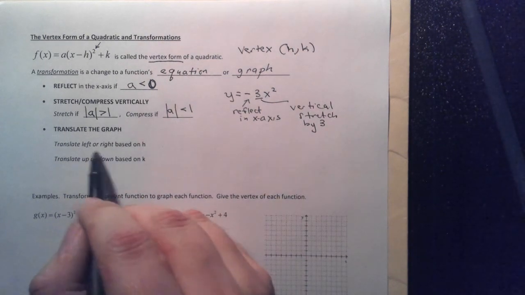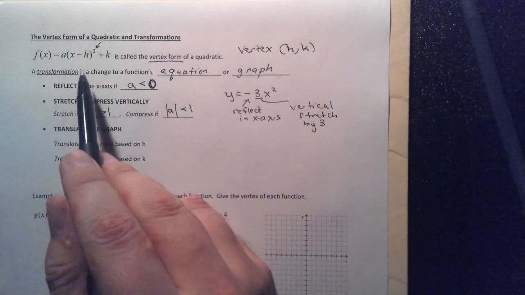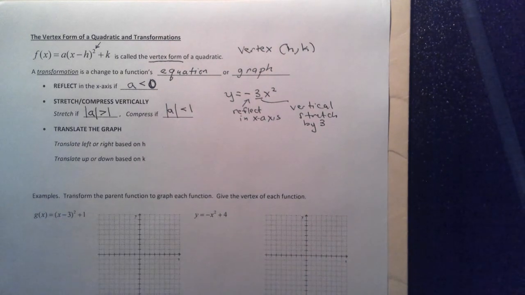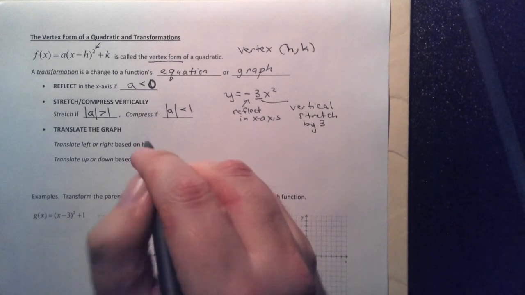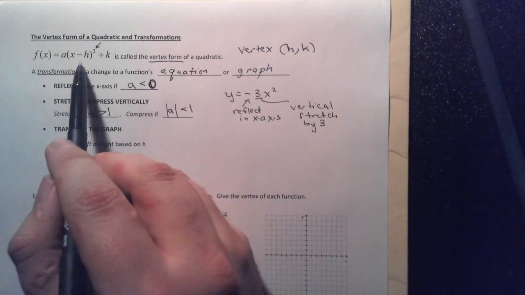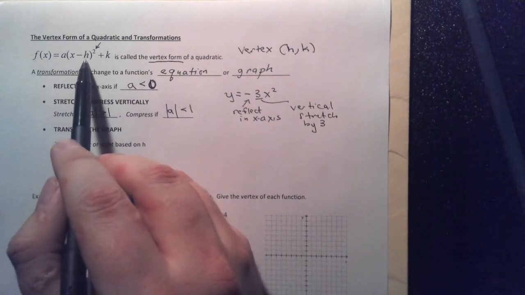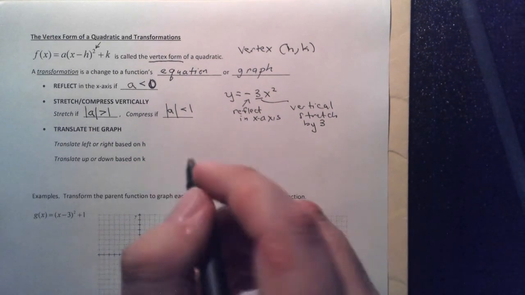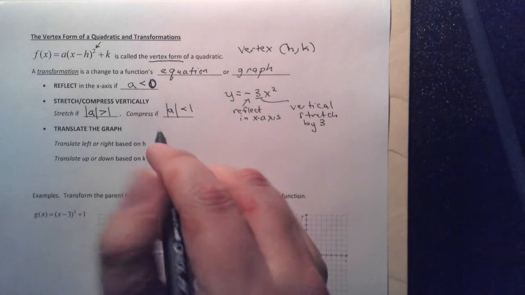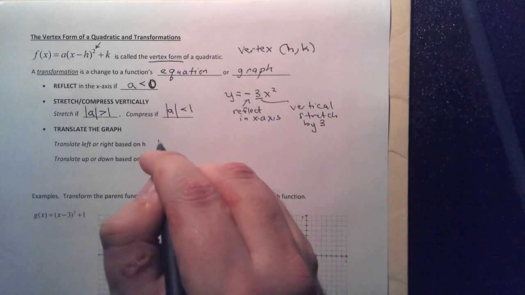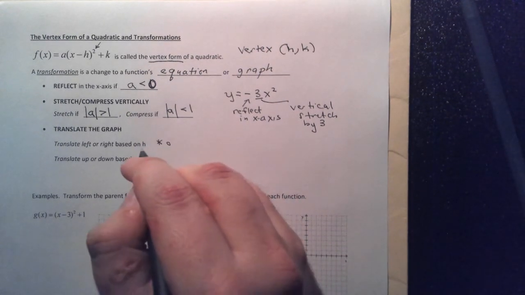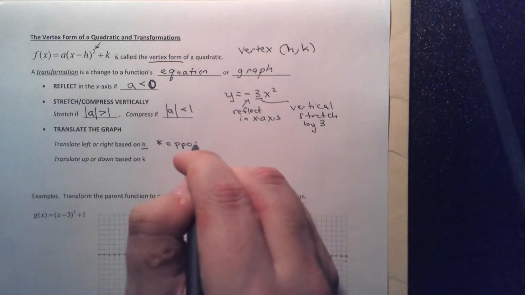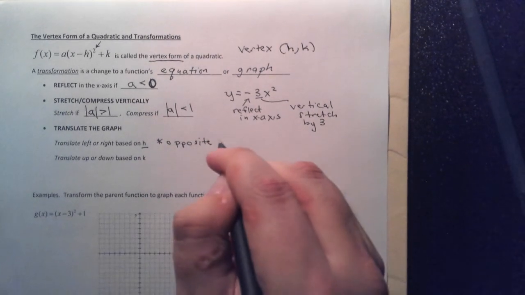I will translate left or right based on h. I will translate up or down based on k. Here's the thing. Like we saw in the previous example, when we saw x plus 2 squared, that actually moved us to the left. So with h, you have to think about it's an opposite sign.